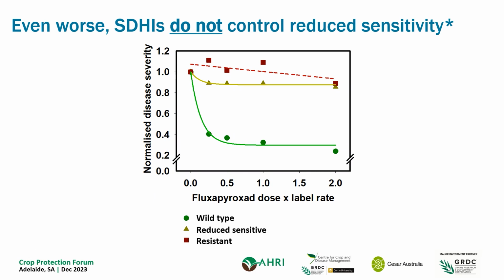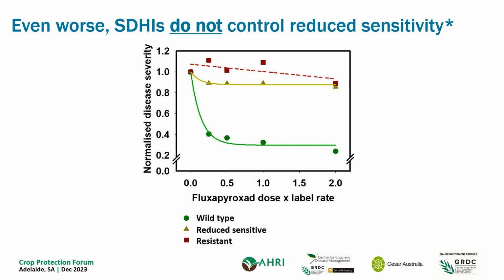So we talk about sensitivity, reduced sensitivity, a small shift in sensitivity or efficacy of the fungicide, and resistance. But actually, under the right conditions, and I'm going to be talking a lot about this asterisk, under the right conditions, reduced sensitive populations, this yellow line here, behave as if we have resistance. And this is really problematic because that shouldn't be the case.